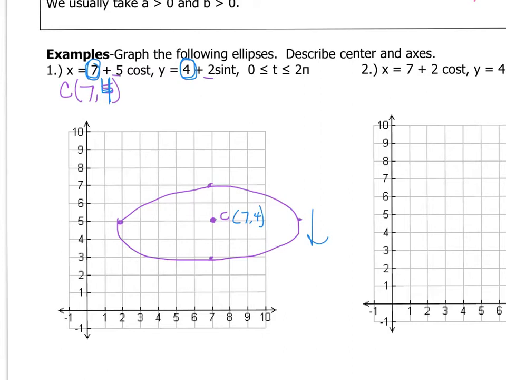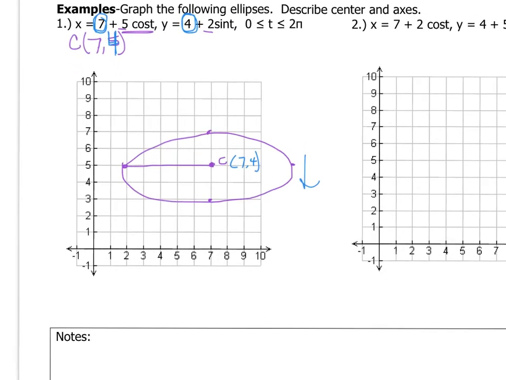So for that value of 5 that's in front of cosine, what that gives you is what we call the horizontal radius, because if you look from the center to the edge of the ellipse, it is a value of 5. So that's the horizontal radius, that value of a.